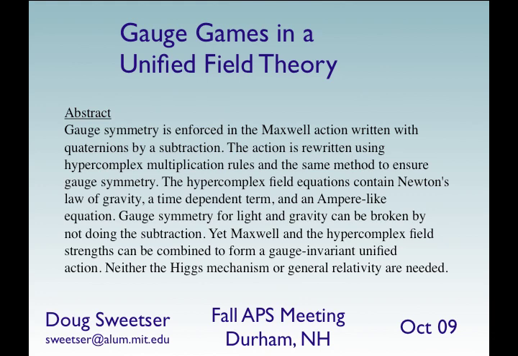I will describe the Maxwell action because it serves as a springboard for my proposal, which is a collection of variations on the Maxwell action. I will show how two of these working together actually are able to solve the very difficult constraints imposed by gauge transformation properties.